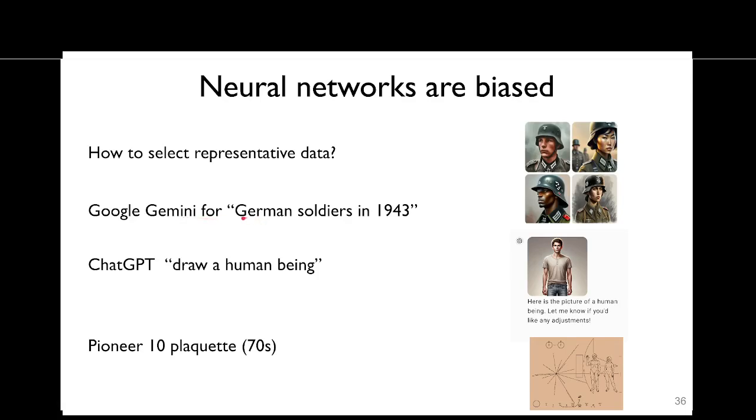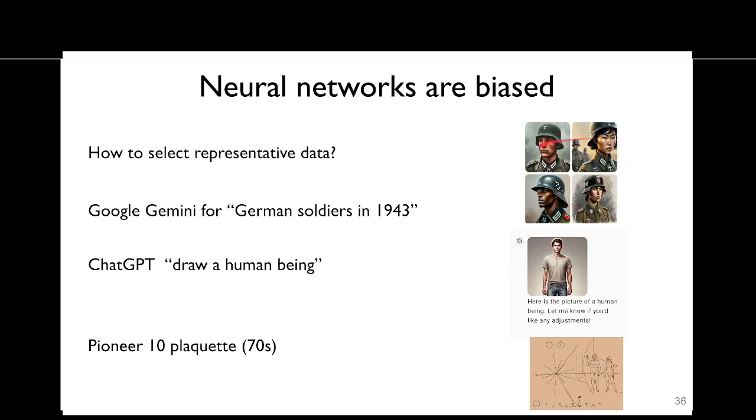Then some journalists asked the system to show a picture of German soldiers in 1943. Now Google, because they try to be particularly representative and include diversity in their model, wanted to be very diverse when it came to generating soldiers.